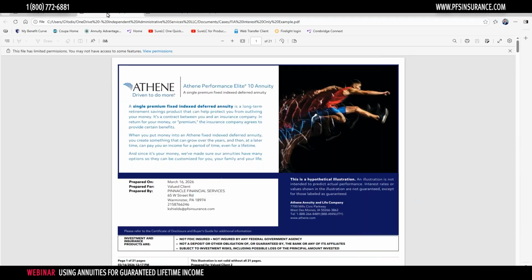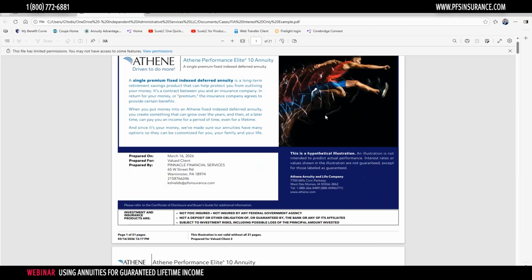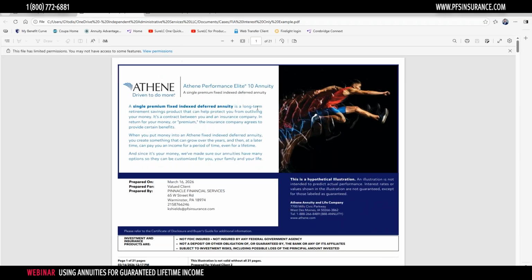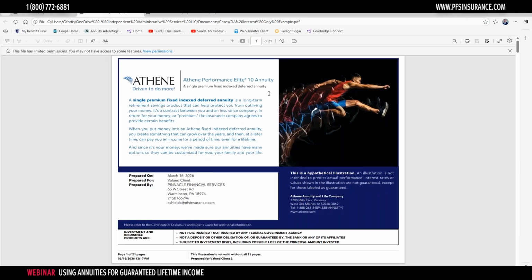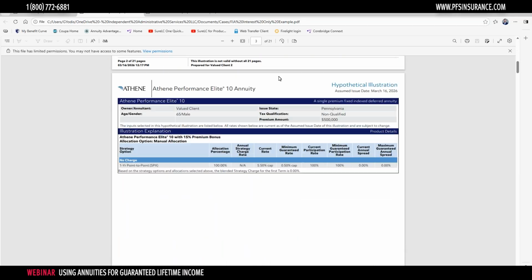The next example, for those people who want a little bit more income, but not quite maximizing it just yet, we have the fixed indexed annuity. So this is another example from annuity. This is a Performance Elite 10 product, fixed indexed annuity.